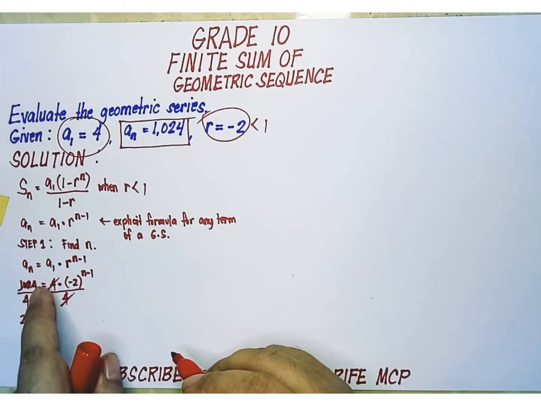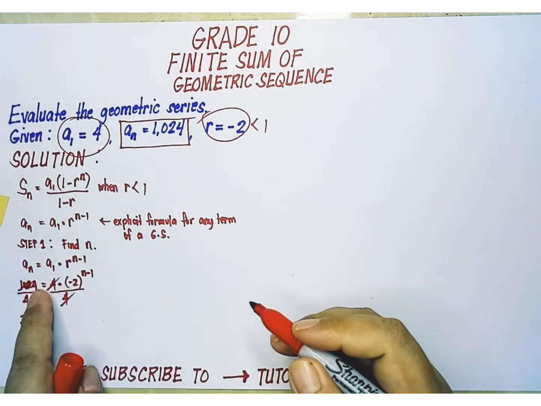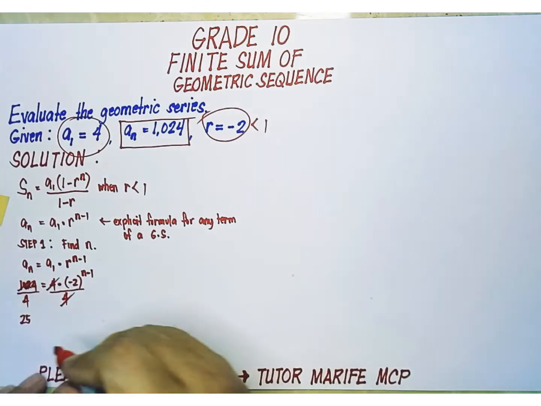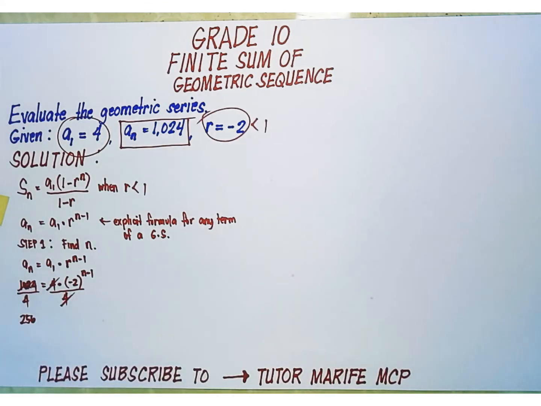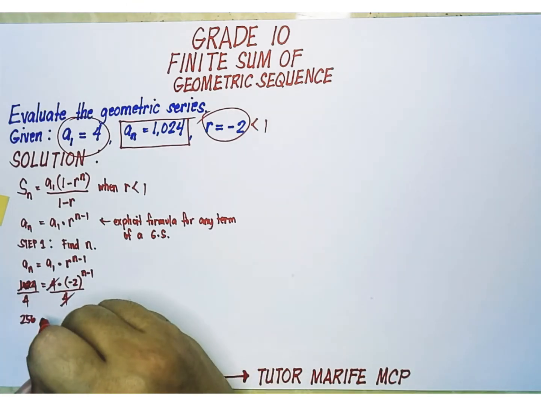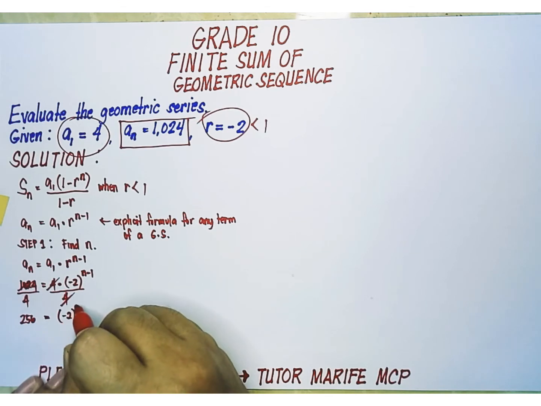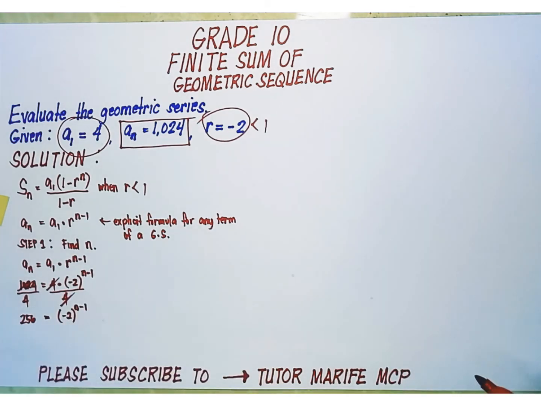Yung remainder ulit na 2, imagine na nasa tabi ng 4, 24 divided by 4, 6. So the quotient is 256. Actually, 256 times 4 equals 1024. So this is the quotient on the left side. Your right side becomes the exponential expression negative 2 raised to the exponent n minus 1.